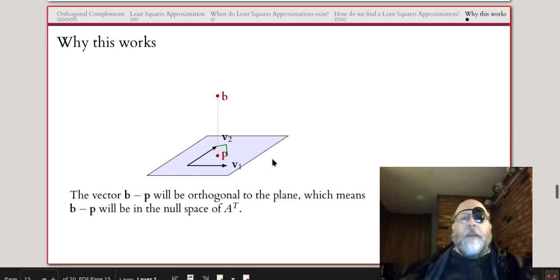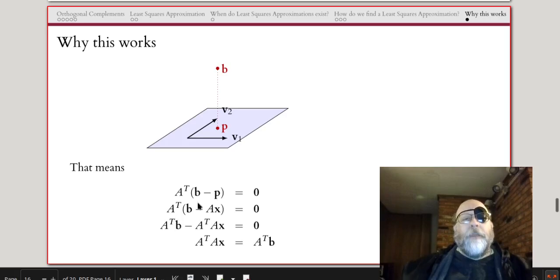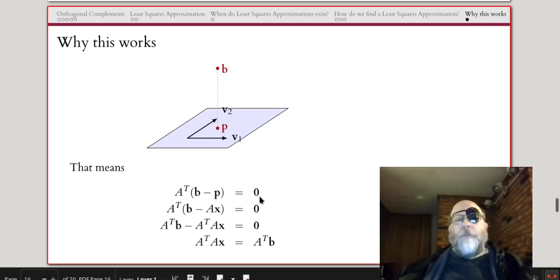Because, again, p is in the column space, and b minus p is orthogonal to the column space, so b minus p is in the column space perp, which we saw at the beginning of the video, is equal to the null space of A transpose.